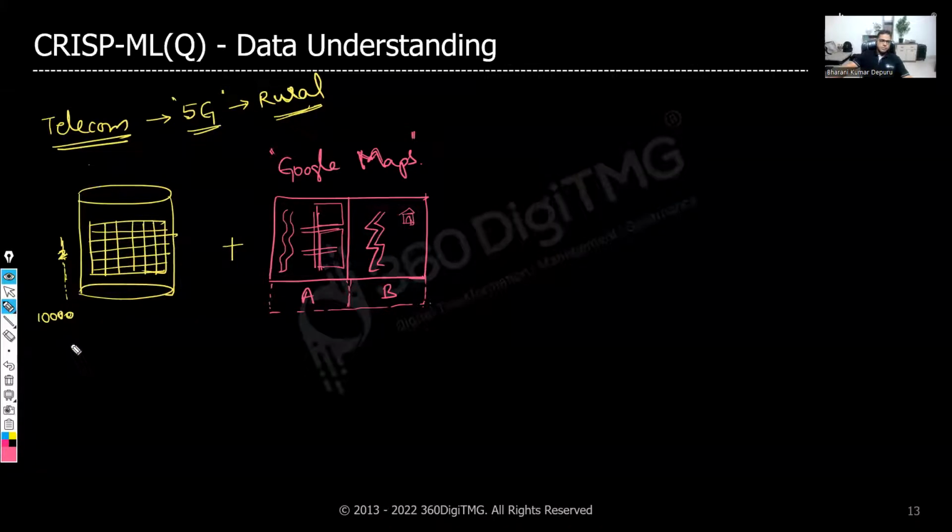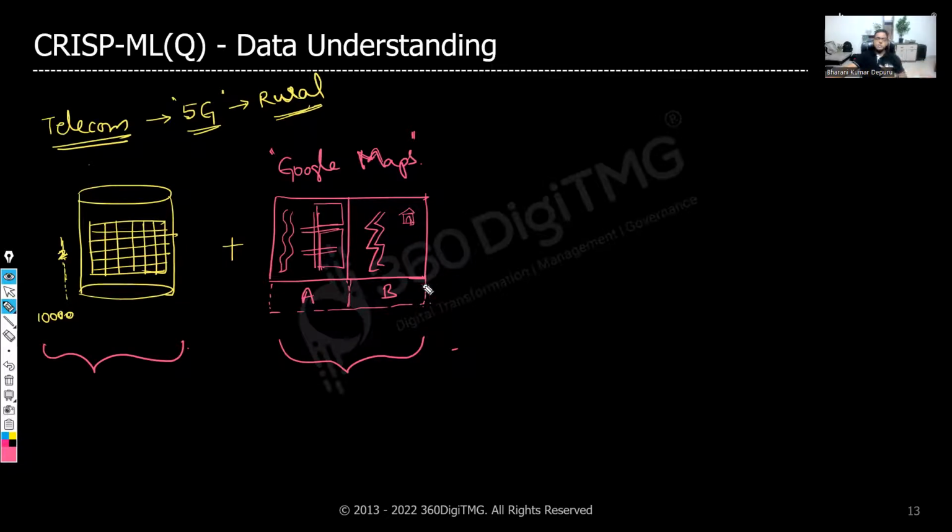When you massage your data, meaning when you try to get the data which is available with the client, and when you try to merge it with some open source data which is already available, or when you try to get any data which is already available, Google Map images are already available.